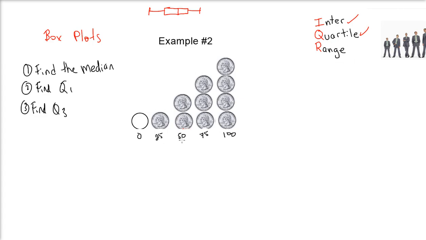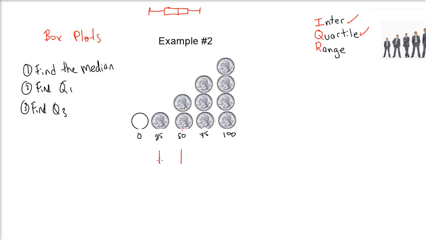So for example, let's find the median. The number that's right in the middle, there's 5 numbers, so the number that's right in the middle is 50. So we make a little line there. Let me make it here, 50. So let's find the median on the left-hand side. What's the number in the middle between 50 and 0? 25, right?